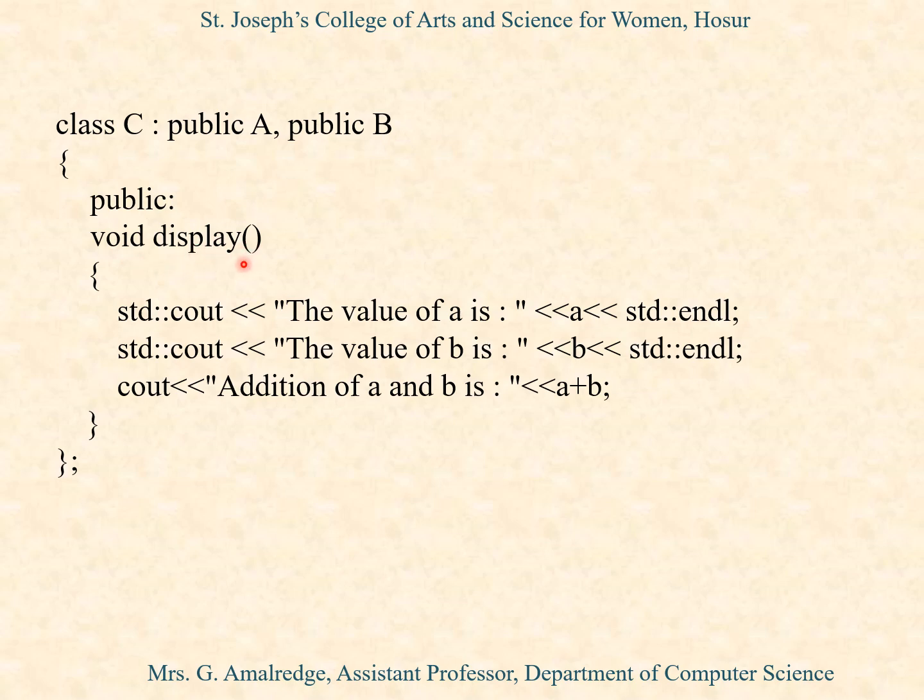In that display function, we are printing the values of A and B. A is the value available in the base class A, and B is the value available in the base class B. After that, we are going to add the values of A and B, that is the value we passed to base class 1 and the value we passed to base class 2. Both values are added and displayed on the screen.